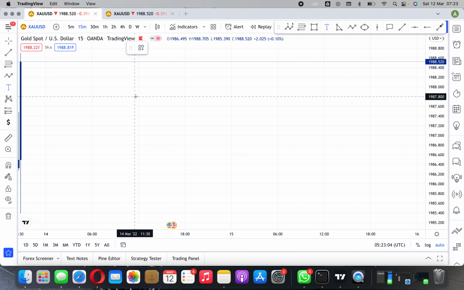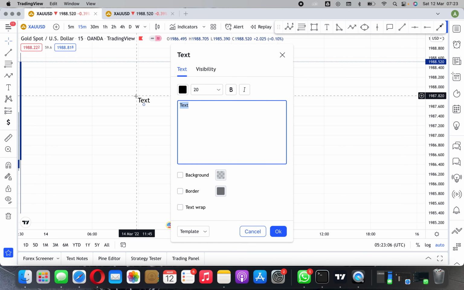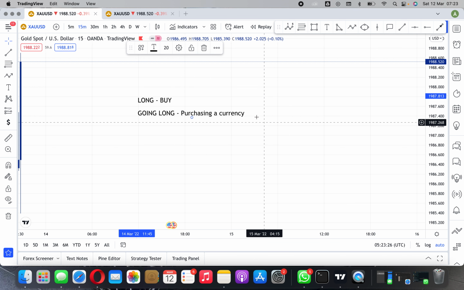Let's talk about going long. Don't forget that long itself is buying the market. So going long means you are purchasing the currency, right? I can say, oh, I'm going long on gold.